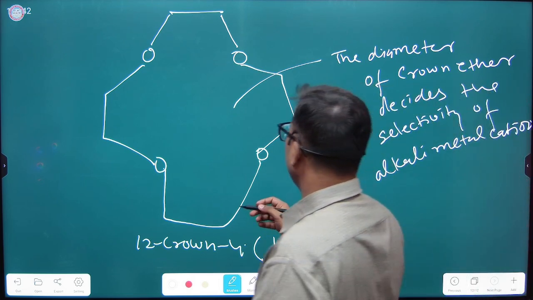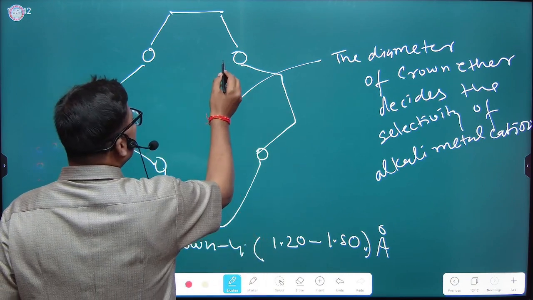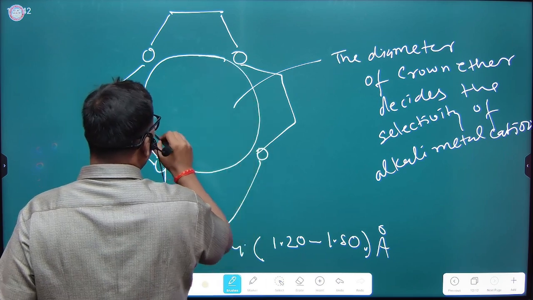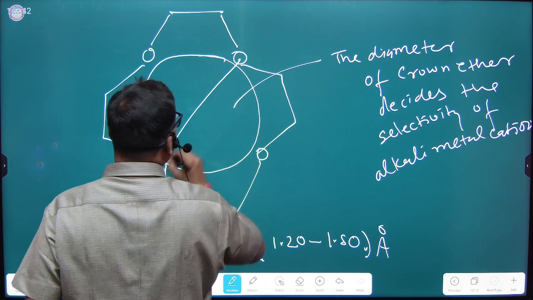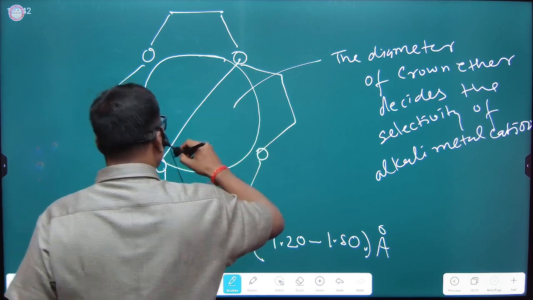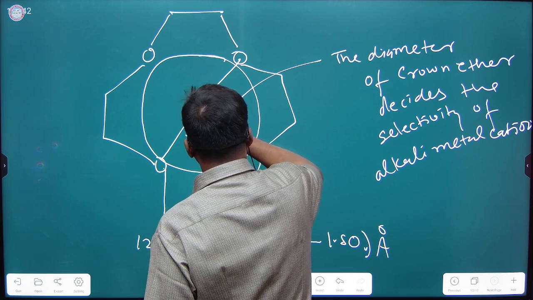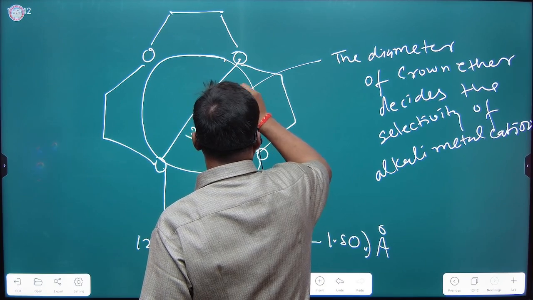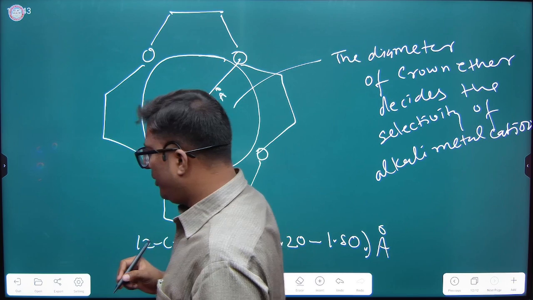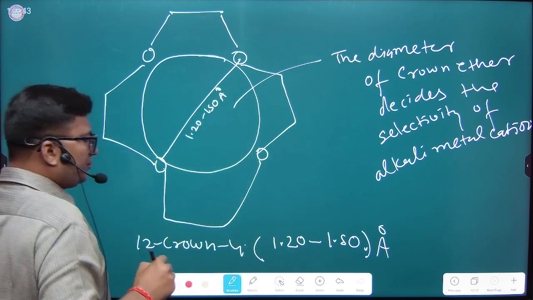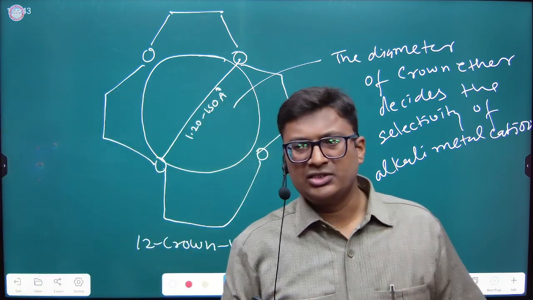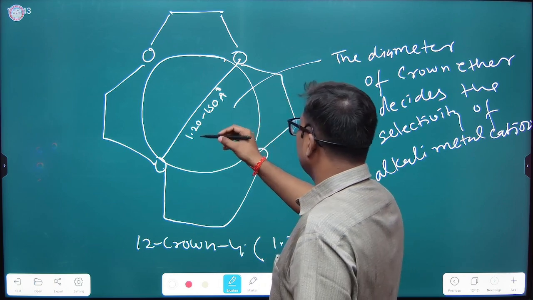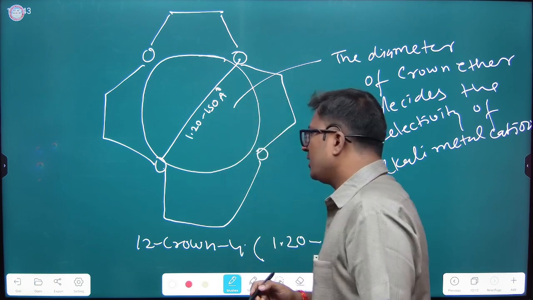If there is a cyclic host, so this is the diameter, and it has 1.2 to 1.50 angstrom, right? So the alkali metal cations which have size in this range can fit into this host.